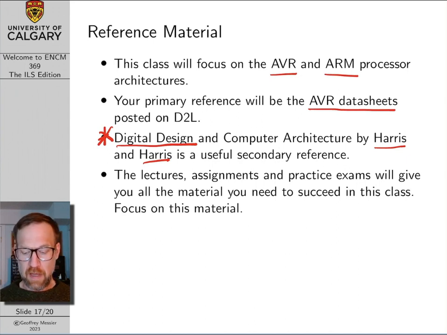Again, we focus on AVR and ARM. So Harris and Harris is not super useful, but it's not too bad, especially for the binary numbers and stuff like that. Most of you should own it already anyways, so you can refer to it, but it's not something that we're going to be using particularly closely, at least in my version of 369.